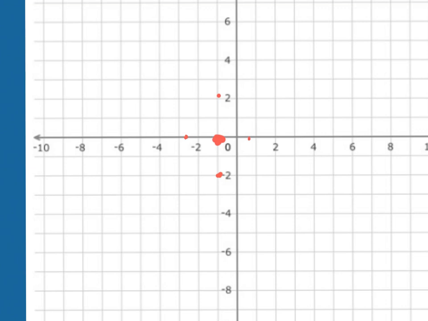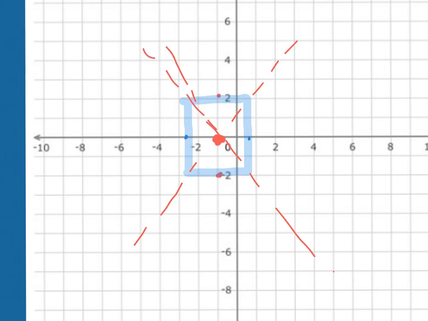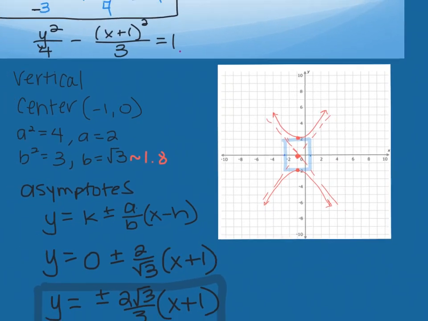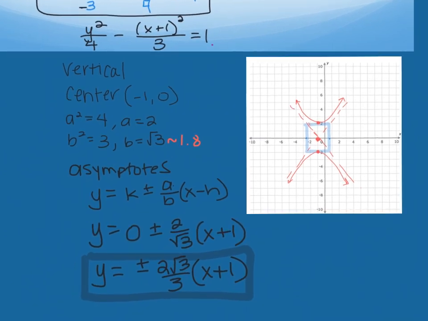And then I'm going to make myself a little box and pass my asymptotes through the corners of that box. And then we said this is vertical, so it's intersecting the vertices that are on that transverse axis or vertical axis. And I want to make my parabolas, or branches, as wide as I can without touching the asymptote.